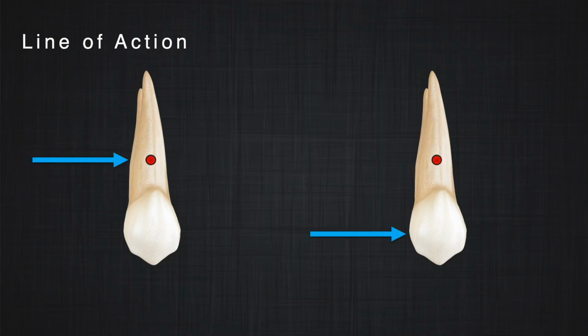The second component of the direction that we need to define anytime we're talking about force is line of action. For example, if you look at the right side of the slide, the line of action is the line that passes through the arrow, and as you can see, it passes through the center of resistance. In the left side of the slide, the line of action does not pass through the center of resistance but passes through the crown.